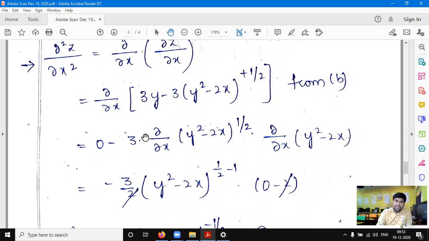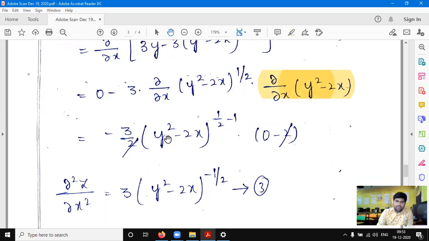Minus 3 into differentiation applied to this term, ∂/∂x of (y² minus 2x)^(1/2). So if we apply differentiation to this term, we get minus 3 by 2, because it is x to the power of n.